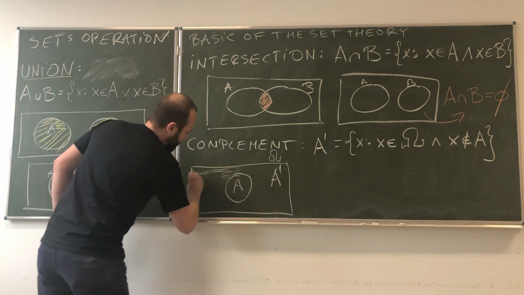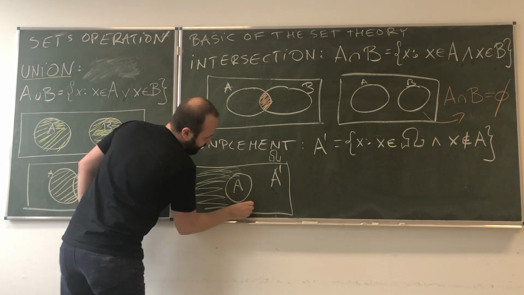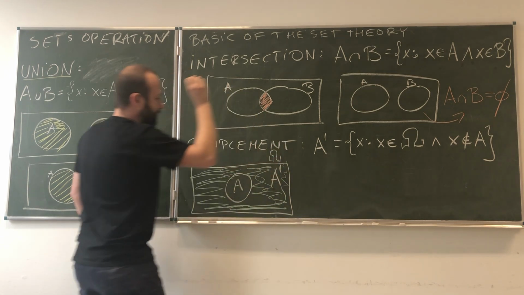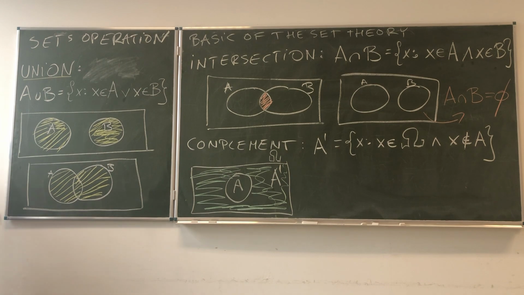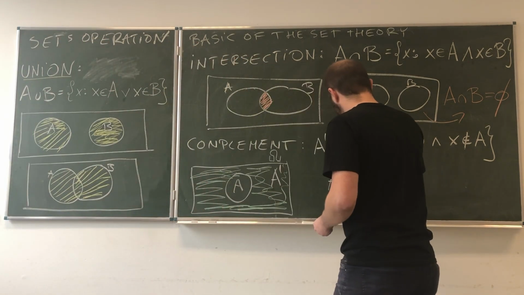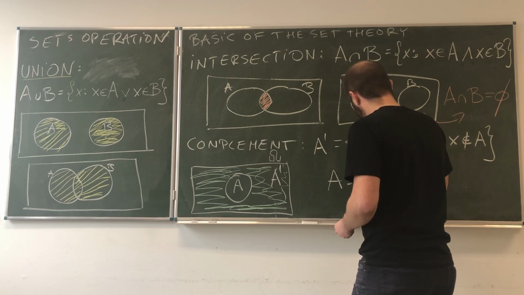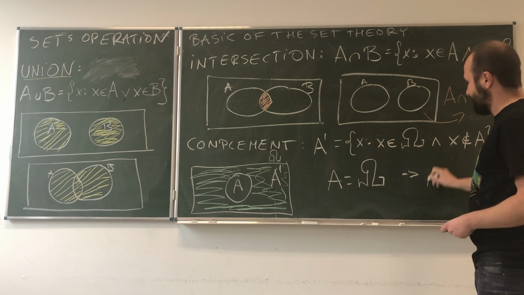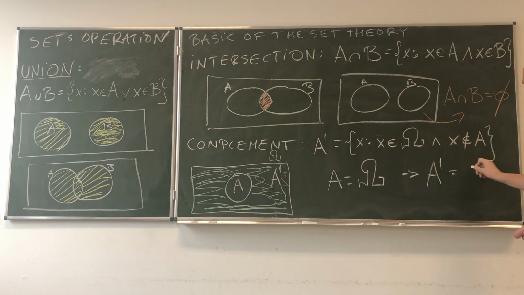So all the space over here represents the complement of A. Of course, if A is equal to the universe, then the complement of A would be an empty set, right?